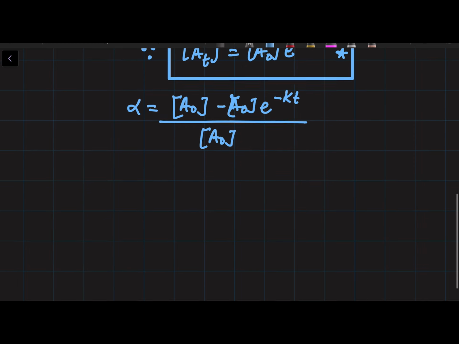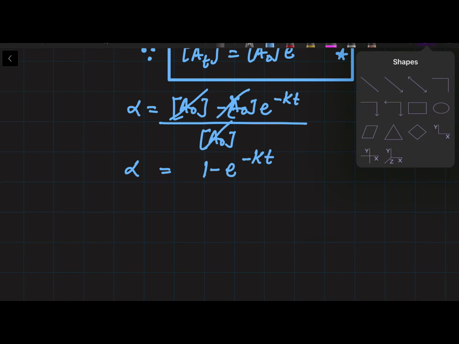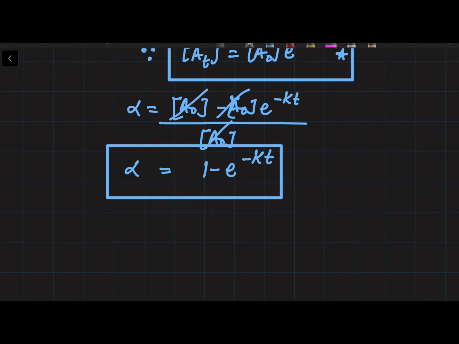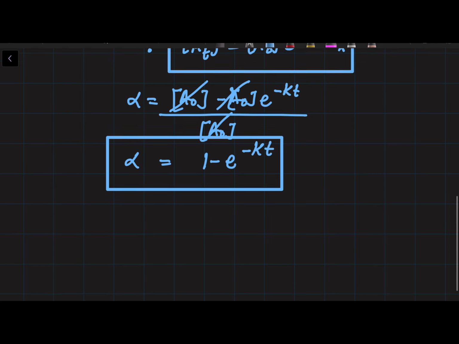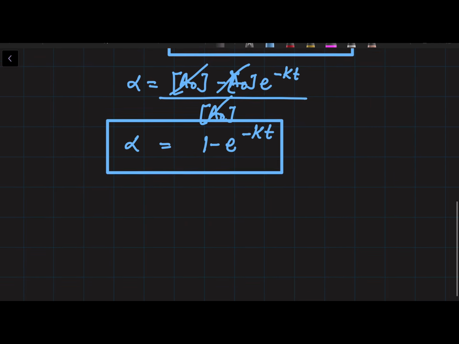Just take A naught common, so all the A naught will be cancelled out. Directly I can write 1 minus e raised to the power minus kt will become your alpha, which is your degree of dissociation. So this is the formula for degree of dissociation for a first order reaction. I hope you understood it well.